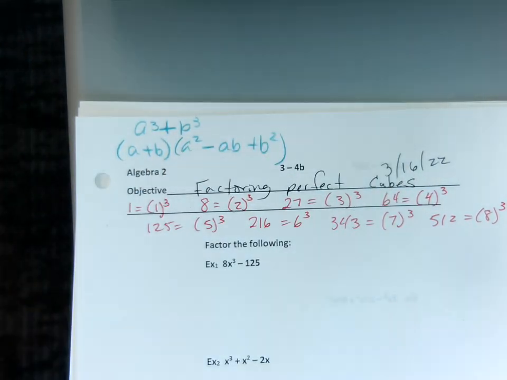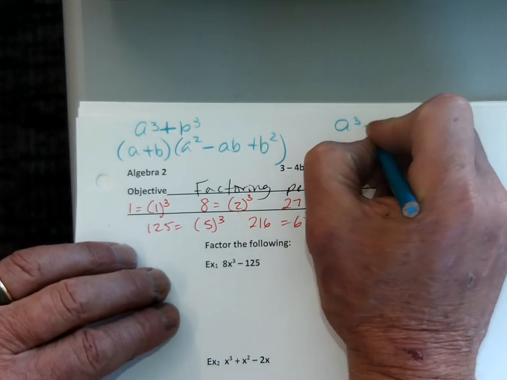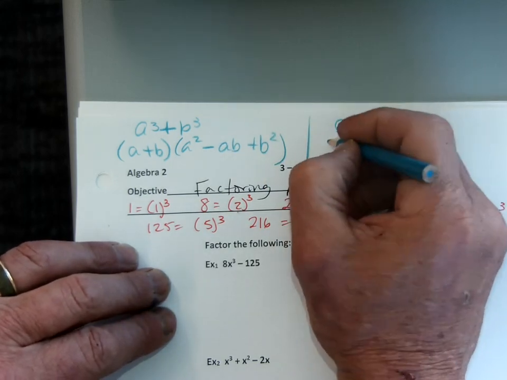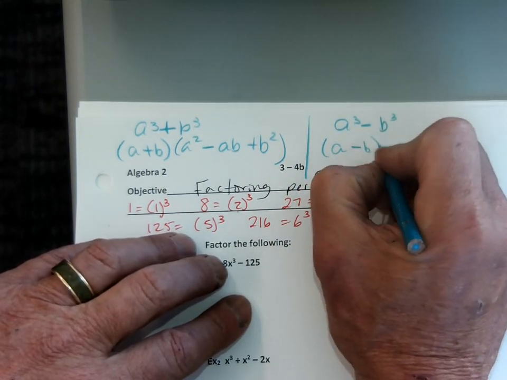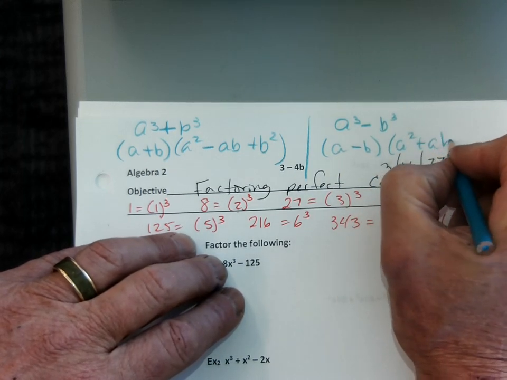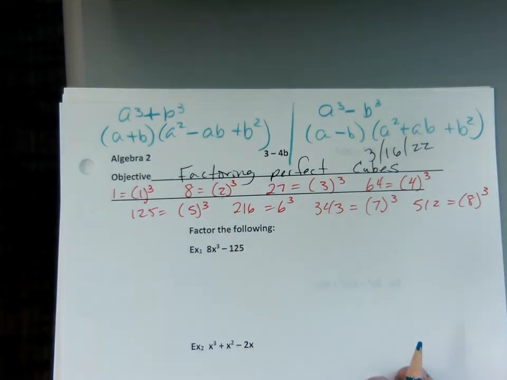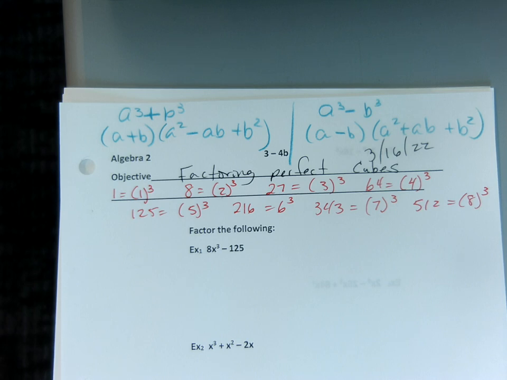The other is the difference: a cubed minus b cubed is equal to (a minus b)(a squared plus ab plus b squared). Having the formulas in my notes is helpful. I'm going to leave them up here because I don't expect you to memorize them.